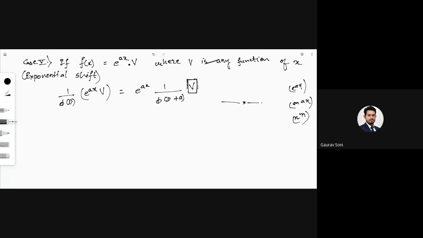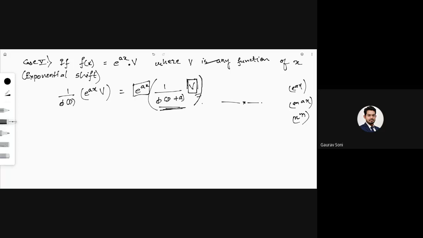If you look at the rule, what is our operator? 1 upon phi of d. And replacing d by d plus a in the polynomial, what will happen is e to the power ax will come outside. It means that this e to the power ax is shifted. It is outside the operator. Now we are not anymore concerned about e to the power ax. What we have to think is how will 1 upon phi of d plus a operate on v. That is the rule case number 5.